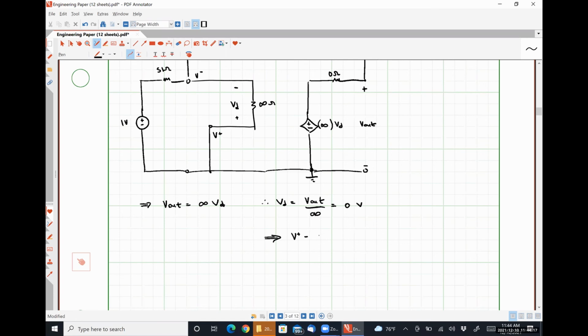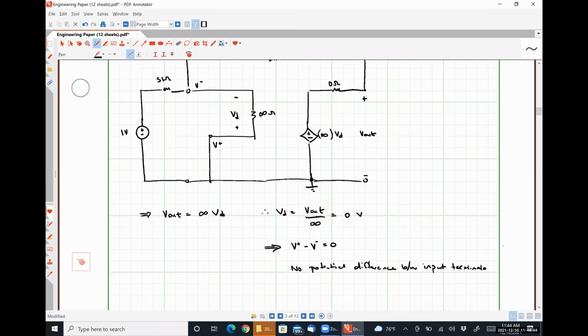So V plus minus V minus is equal to 0, or no potential difference between our input terminals. Right?